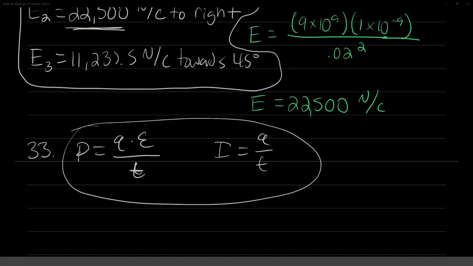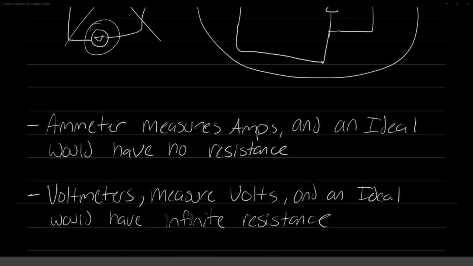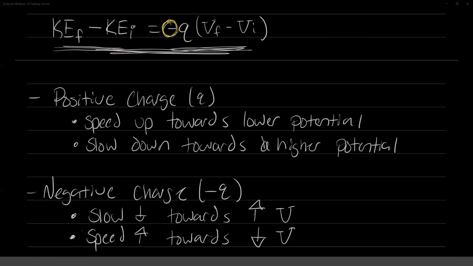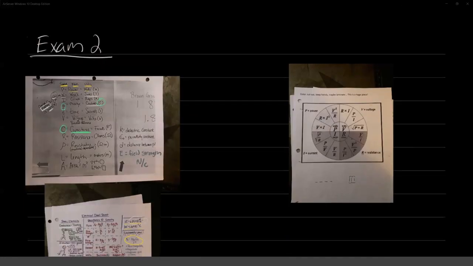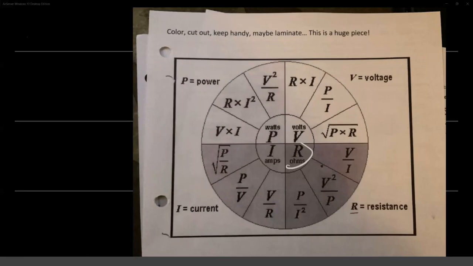Because I think it says, what is the resistance? If you know power and current, you should be able to figure out resistance using the wheel, right? I think there was one of those in there with those two. So if we look at our R and we have power and resistance, oh, maybe not, right?